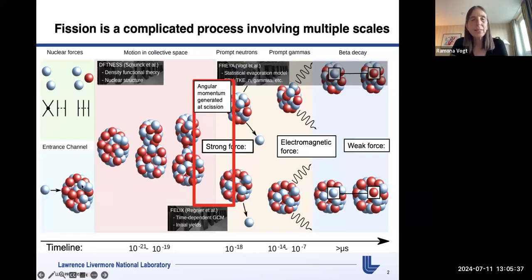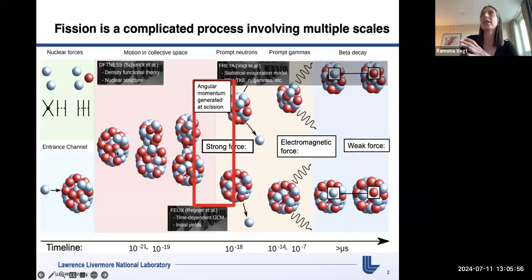But basically, for neutron-induced fission, let's just imagine you have a neutron coming in and it hits a very heavy nucleus. It gets agitated, and it can start changing its shape.